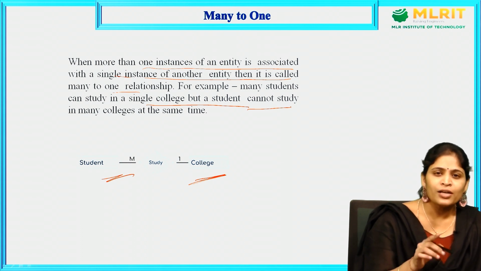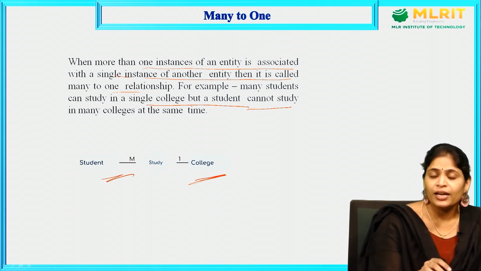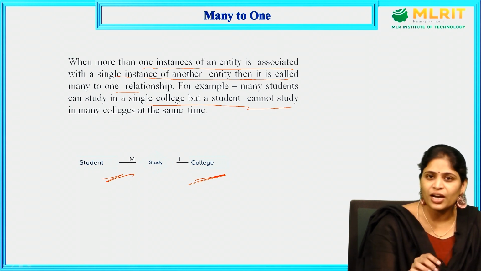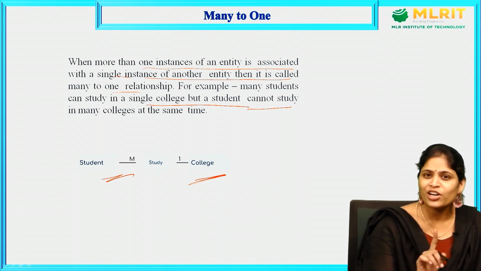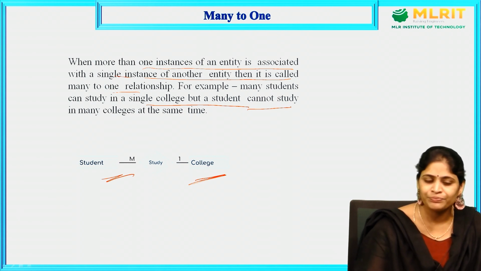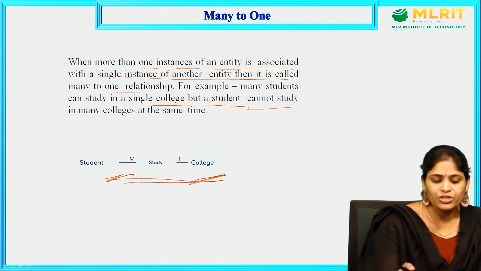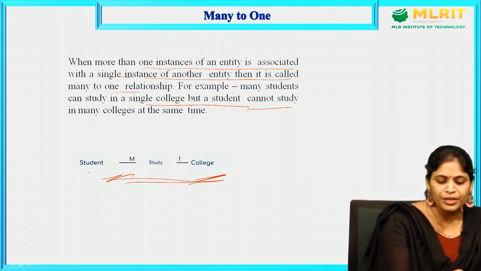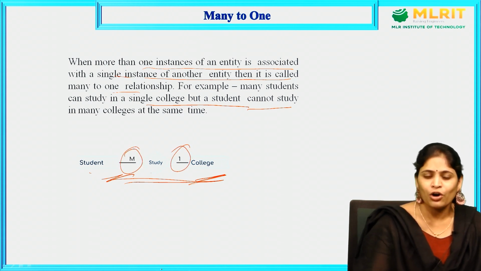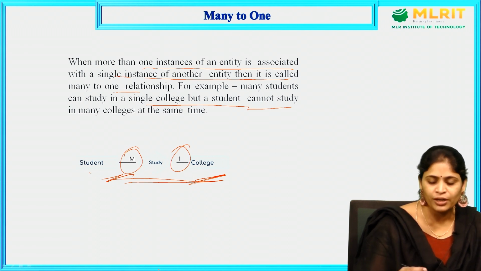Only one. Here you must understand, many students can study in one college, but a single student cannot study in multiple colleges at a time. So this relationship is called what? Many-to-one relationship. The diagram represents here many students can study in one particular college. That is many-to-one relationship.